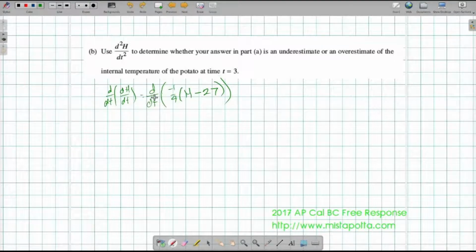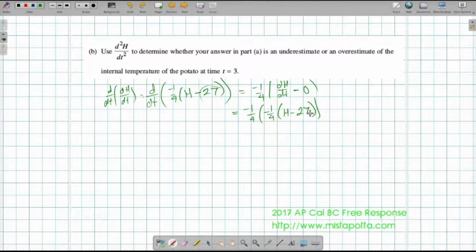So if I take the derivative of a scalar multiple, that negative 1/4 will stay there. The derivative of h is dh/dt, minus the derivative of 27, that's a constant. So I really end up with negative 1/4 times dh/dt, which is negative 1/4 times h minus 27.